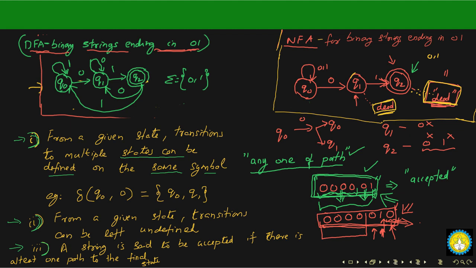I wanted to run through this example, in which we have seen a particular DFA, binary strings ending in 0, 1, and we have also drawn its corresponding NFA, and we were able to identify the features of an NFA. You must now have a reasonably good understanding of how an NFA is different from a DFA. In the next video, we will look at the mathematical definitions.